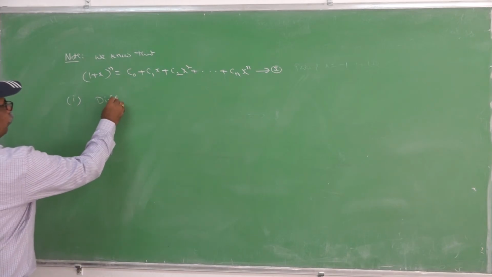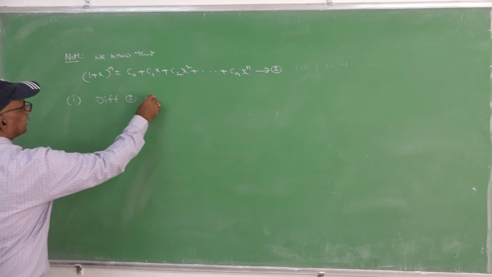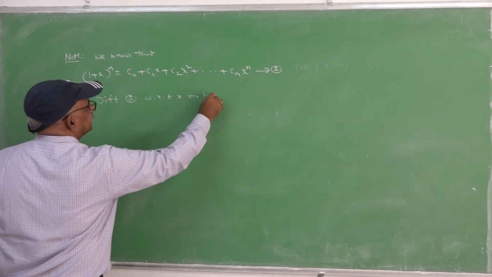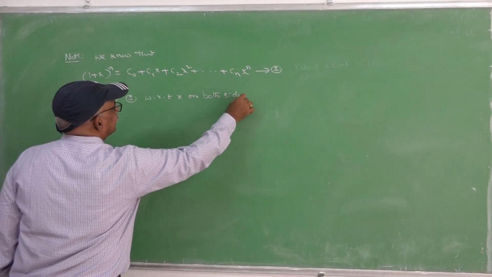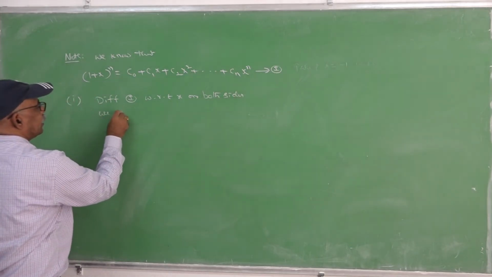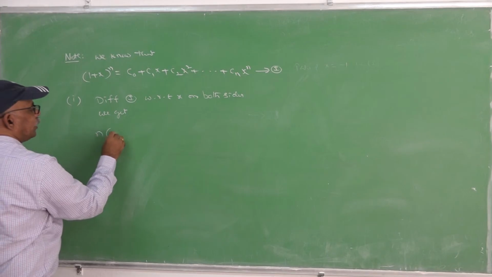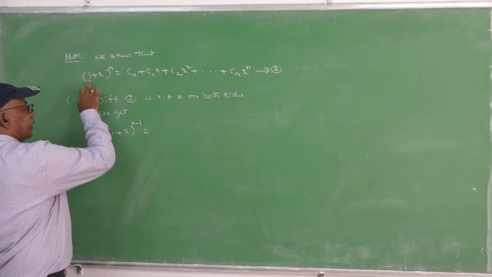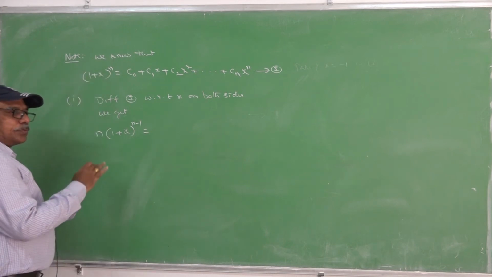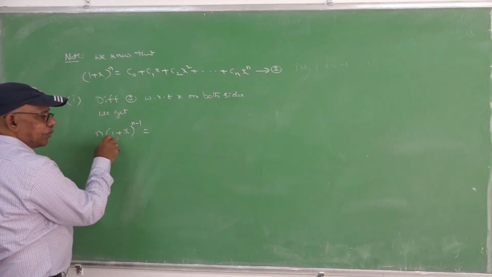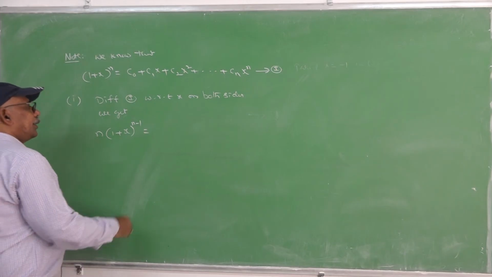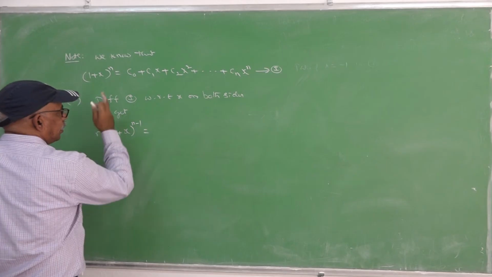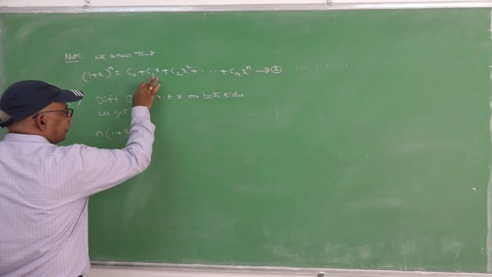Differentiating 1 with respect to x on both sides, we get n into 1 plus x whole power n minus 1, since differentiating 1 plus x whole power n is n into 1 plus x whole power n minus 1, and derivative of 1 plus x is 1 itself. On the right side, c naught is constant, so 0.